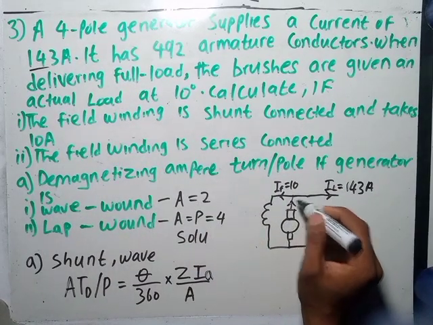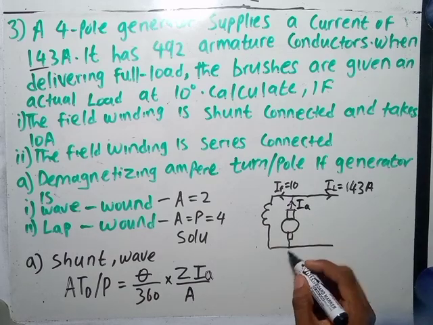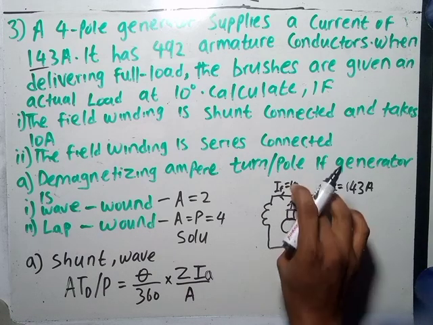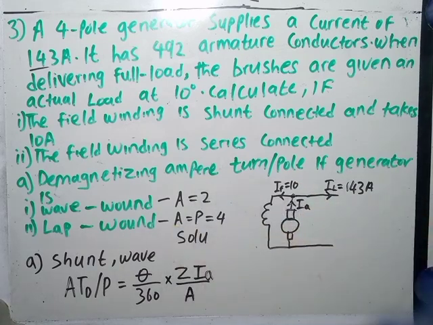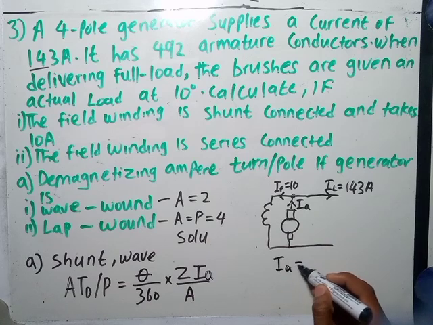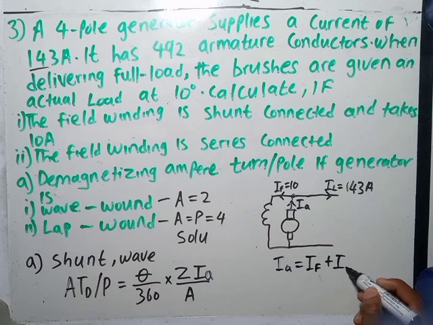Now for us to get our armature current, we'll be using KCL, which says the currents entering a node equal the currents leaving the node. So we have that our IA is equal to IF plus IL.